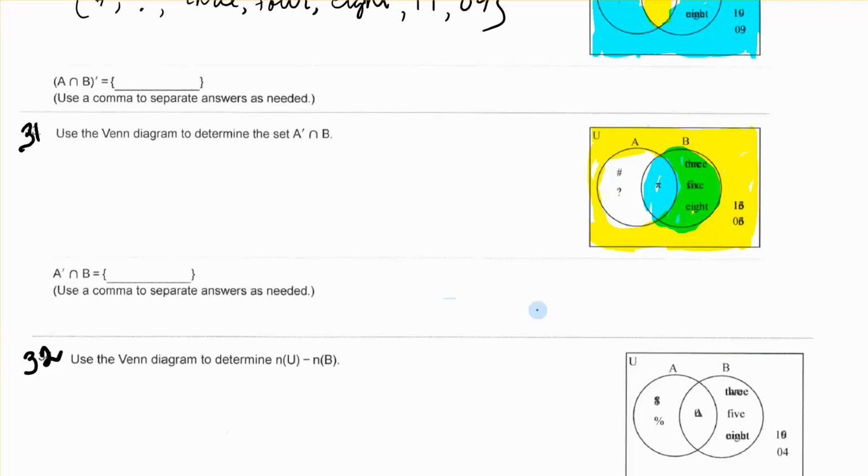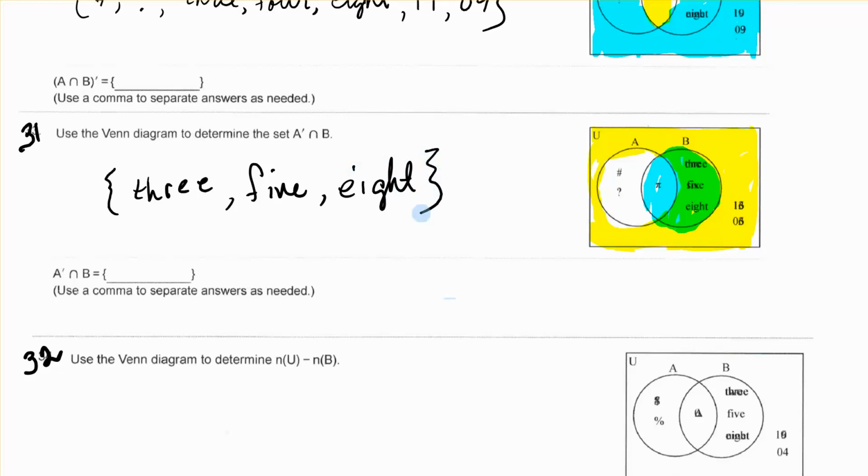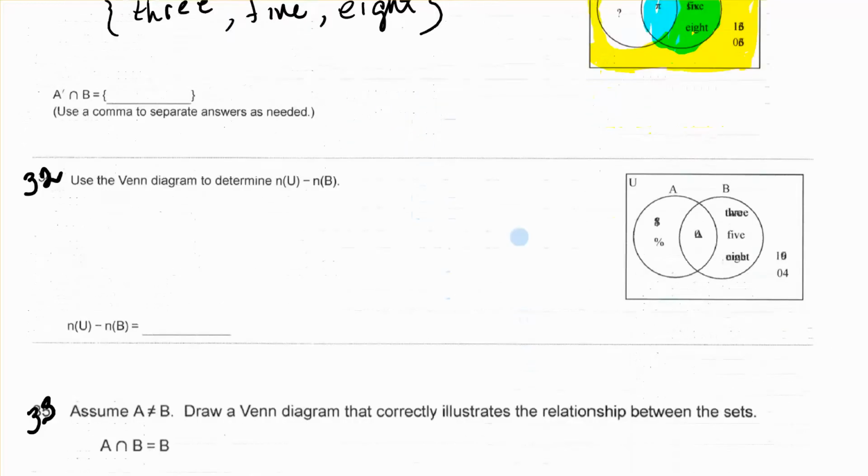So the part that has turned green has the word 3, 5, 8. Okay, I promise we're getting close to the end.